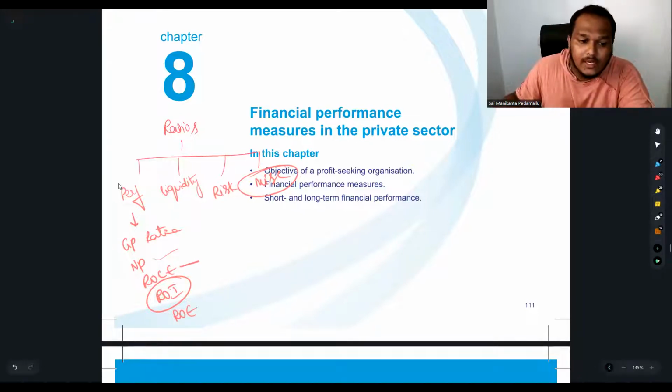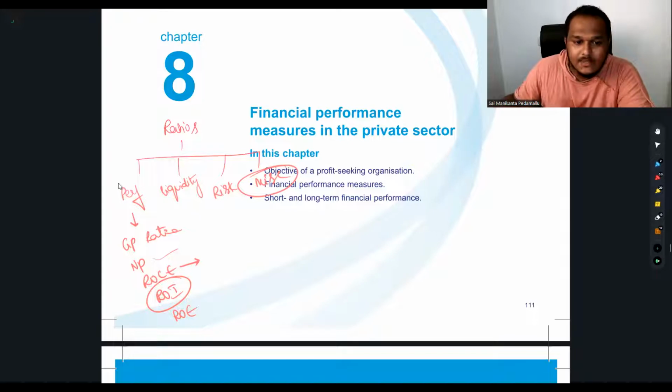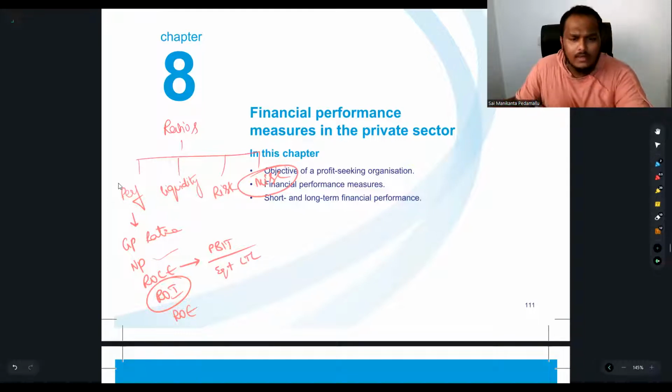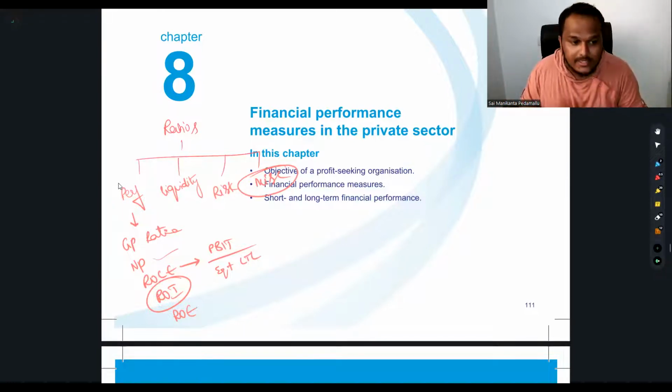ROCE, I believe you already know the calculation. It's basically return upon capital employed. That return would be PBIT, profit before interest and taxes, upon your total capital employed, which includes your equity plus long-term liabilities. Whether it is debt capital or equity capital, ROCE talks about the entire return that our company is making before paying off the debt holders.